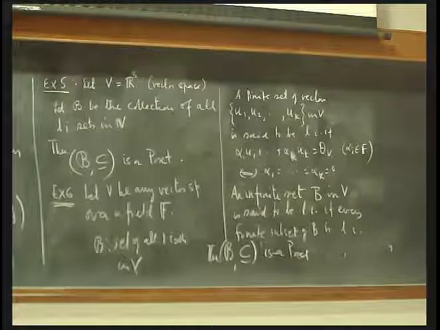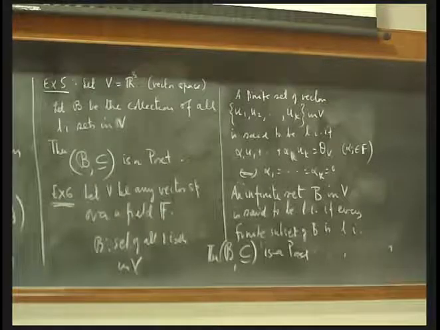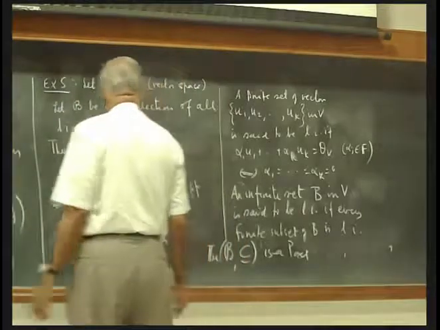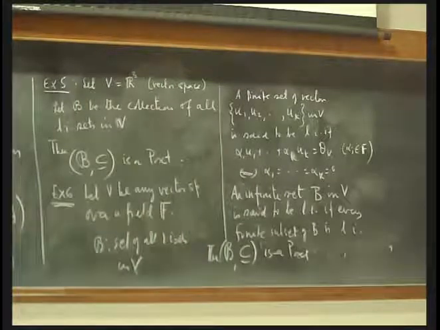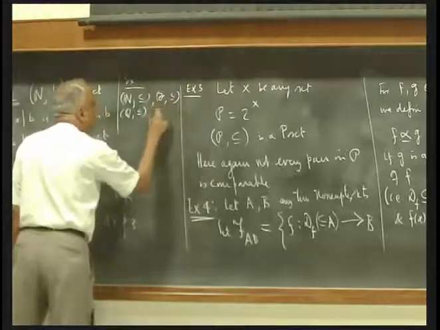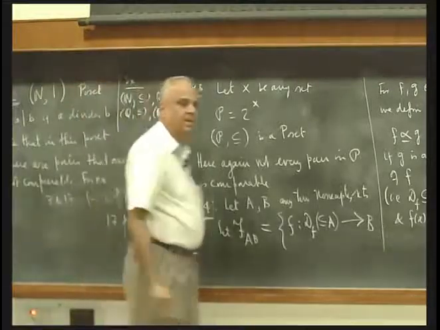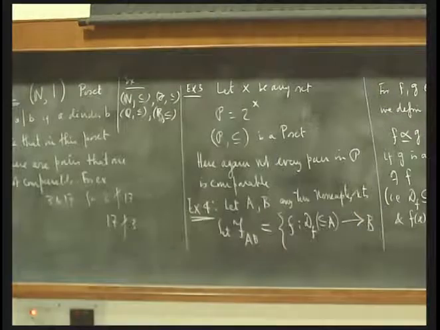Where was the first example? Example 1 was N less than or equal to Z less than or equal to Q less than or equal to R. Now look at the first set of examples.